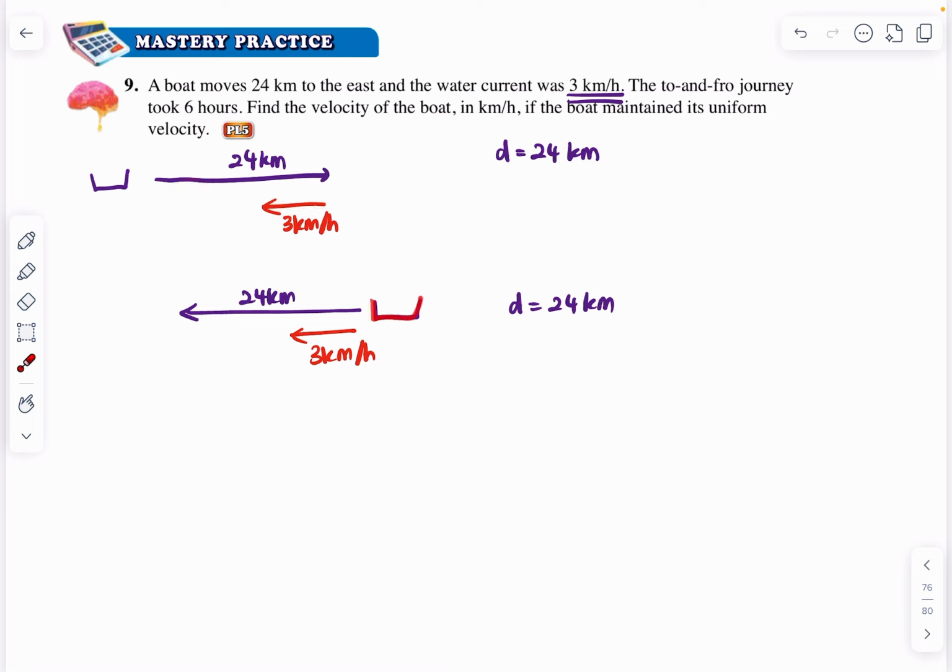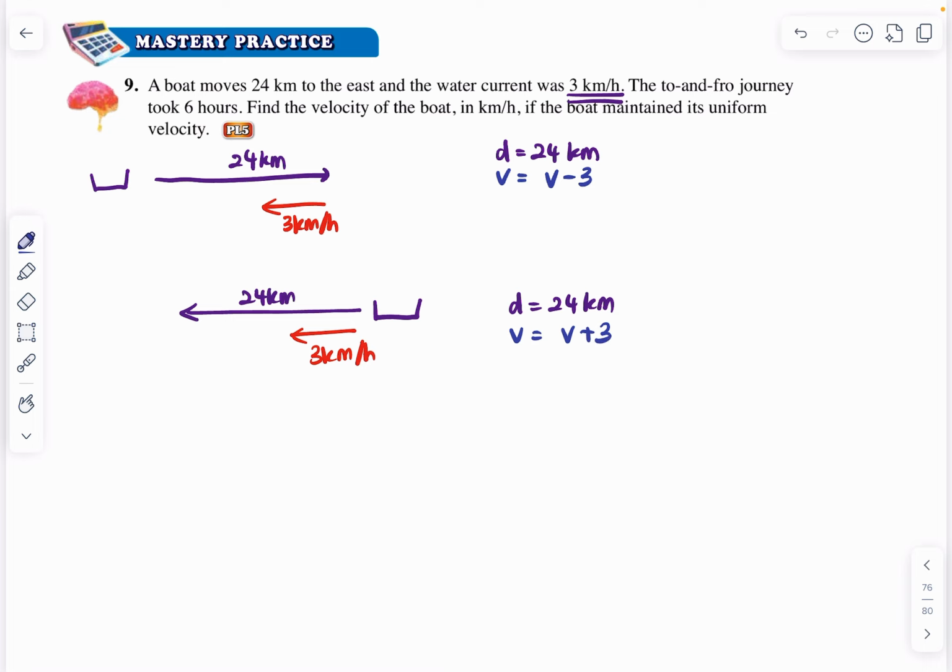When it's going this way, the velocity is v plus 3 because the water current is helping the boat move to the left. So the velocity here is v minus 3 and the velocity here would be v plus 3.